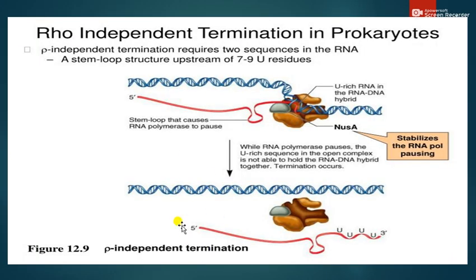Now just look into this. If you are having Rho independent termination, this is an RNA molecule.